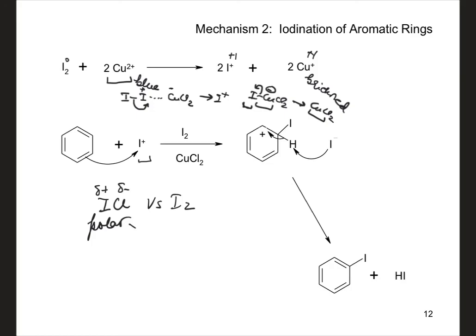There is evidence that ICl used with a Lewis acid catalyst like AlCl3 would readily generate the I plus ion. So this is iodine monochloride, and it will go through the reaction. Just in the last step, your base that is going to pick up the proton would be Cl minus, right?